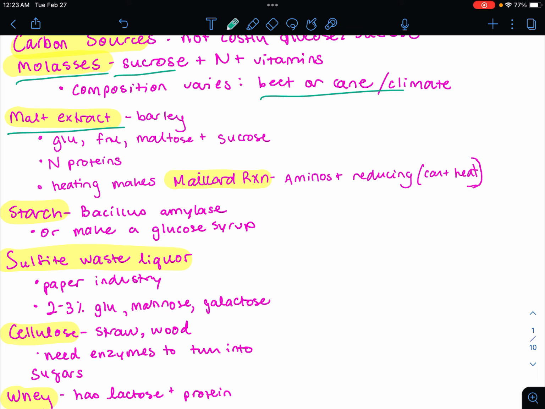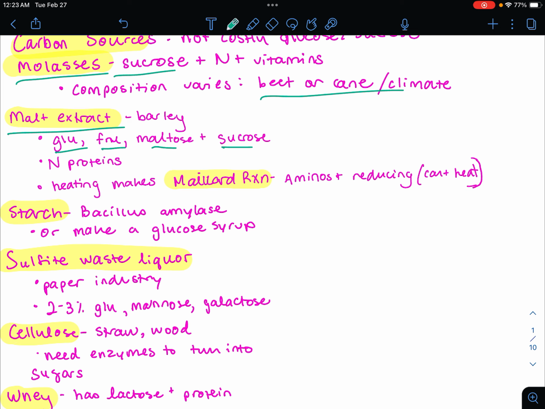So malt extract is the second choice for carbs. It will have glucose, fructose, maltose, and sucrose, so we have 4 types of carbohydrates in this extract.